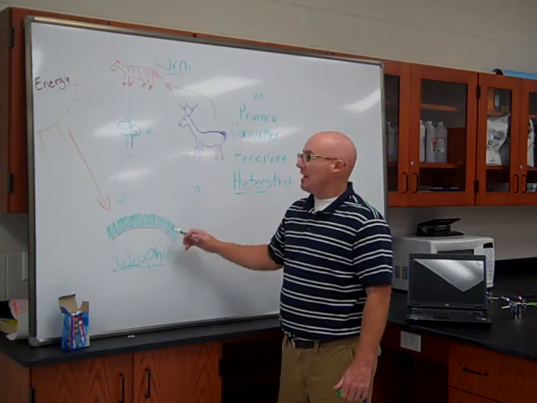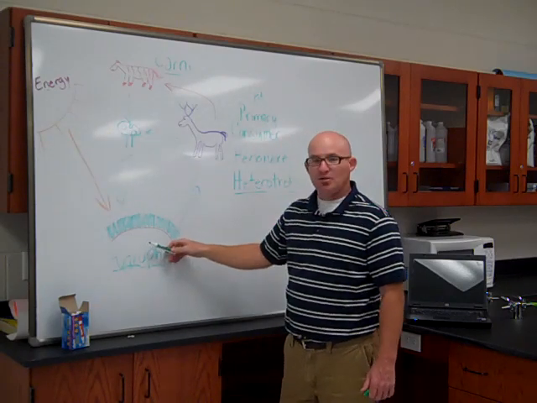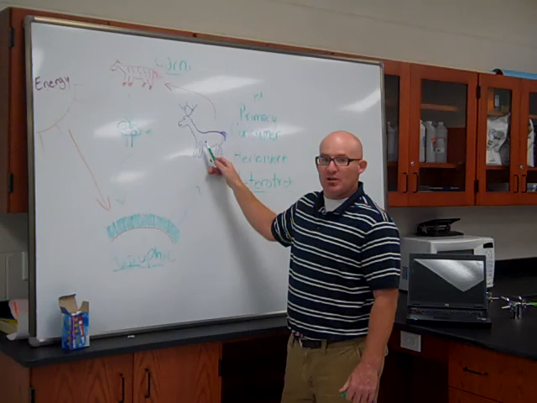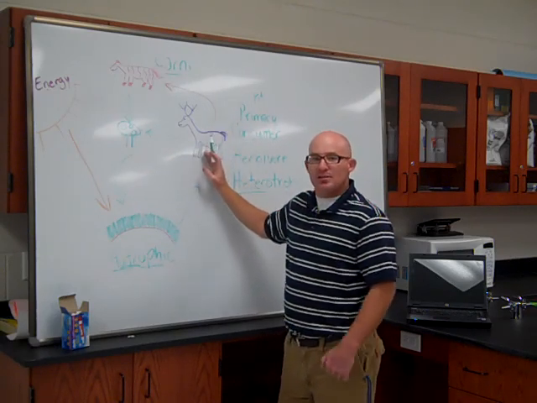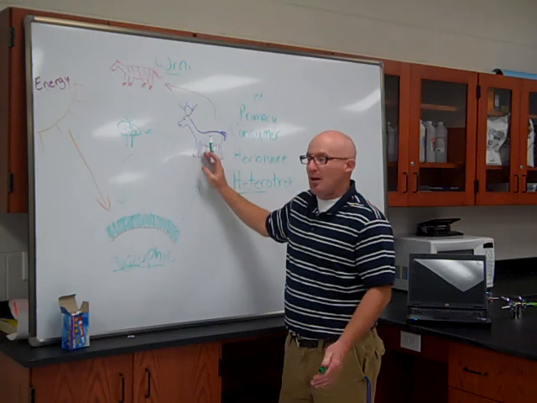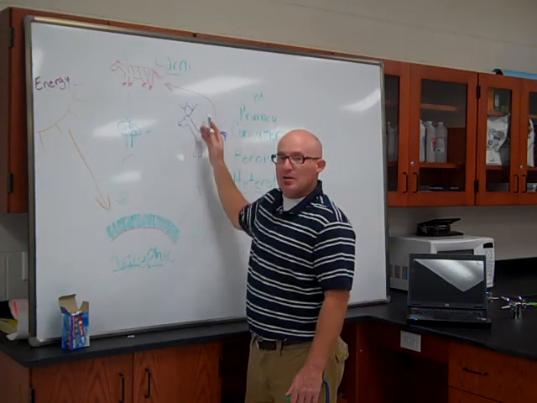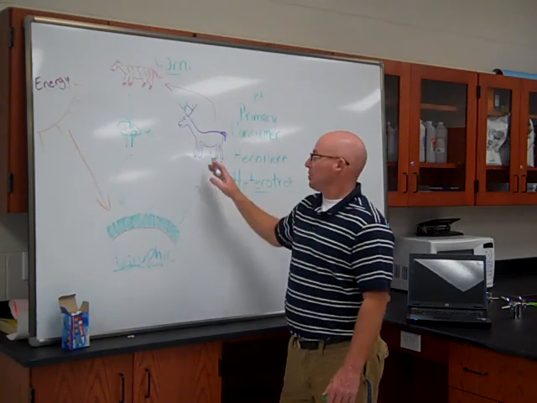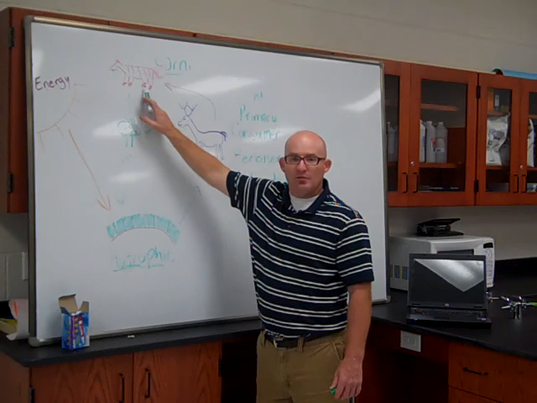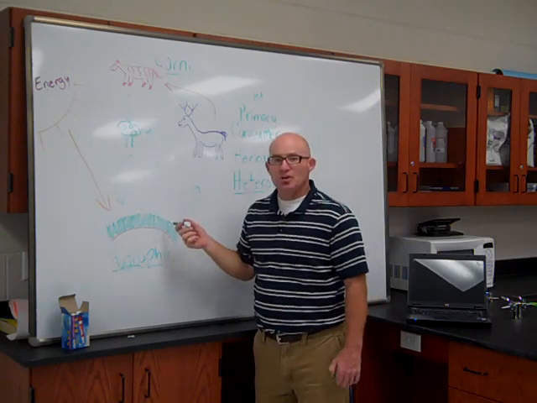It's captured and stored here, so this animal can use it. And then it stores energy in its muscles and tissues. So the secondary consumer can get energy from it. So it's a flow of energy from the sun to our first level, to our second level, to our third level.